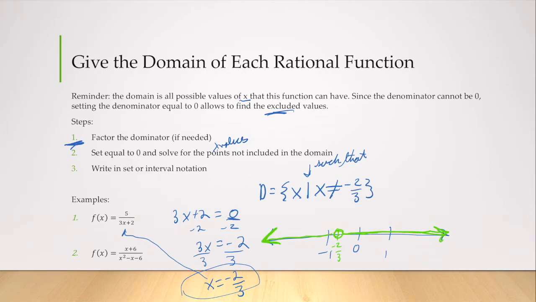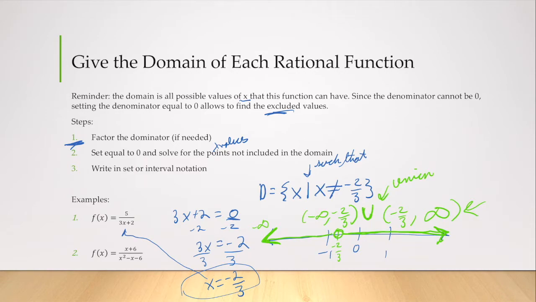So I could write this as negative infinity, which gets a parenthesis, to negative 2/3, which is not included. And then I've got negative 2/3 all the way to positive infinity. And we can join these with this symbol right here that means union. It means we're bringing them together.